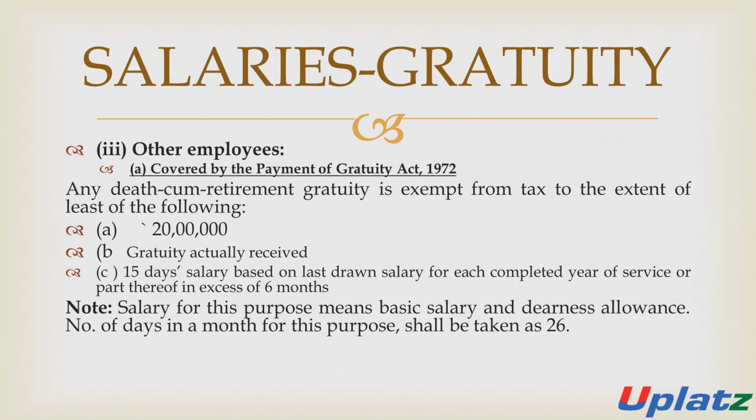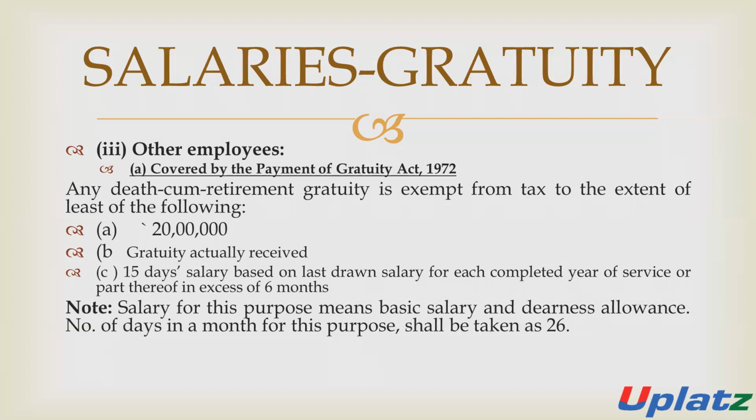Number one, 20 lakh rupees. Number two, gratuity which is actually received. And number three, 15 days salary based on last drawn salary for each completed year of service or part thereof in excess of 6 months. Whichever is lower will be exempted, and the balance amount will be taxable.